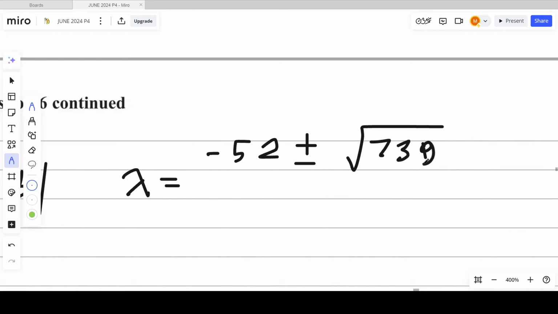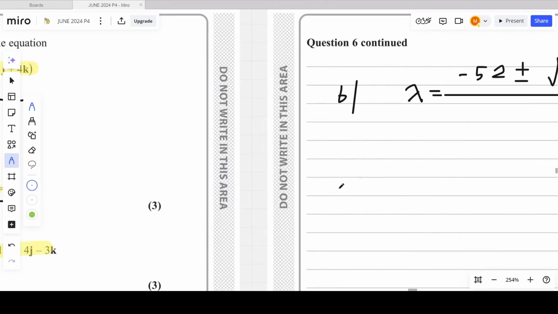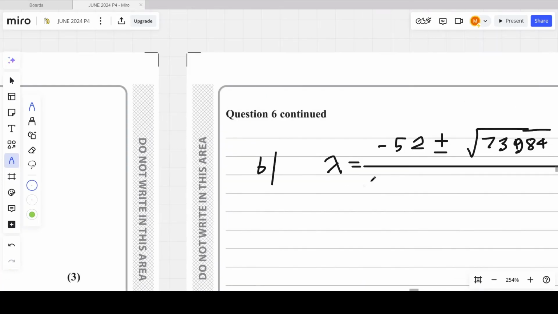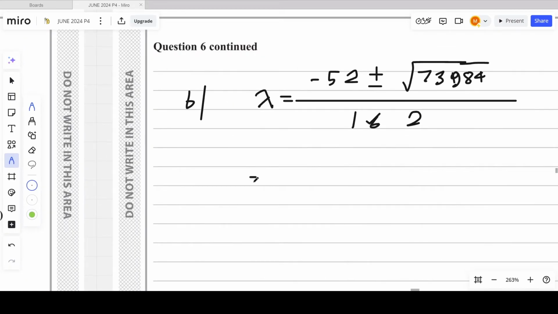Over twice of a. So twice of a is 162. Okay, now what would be the value for lambda?